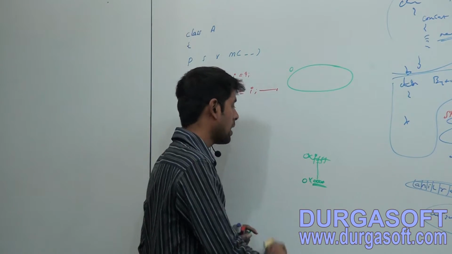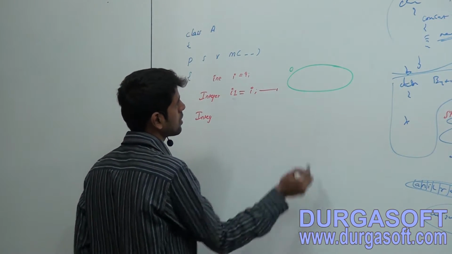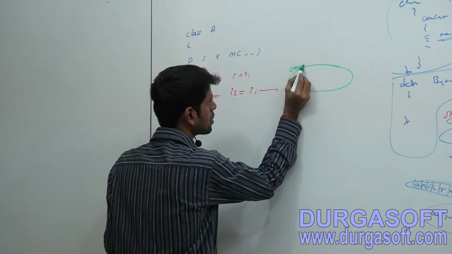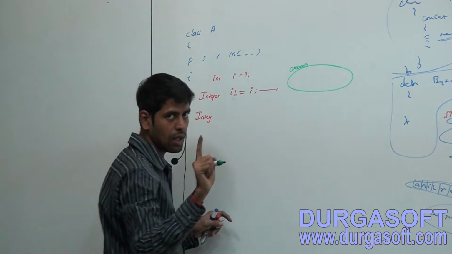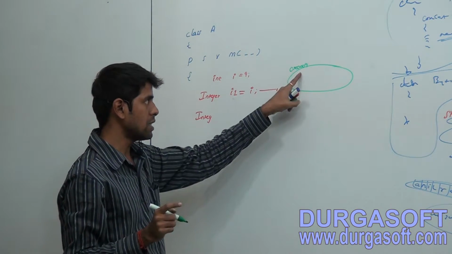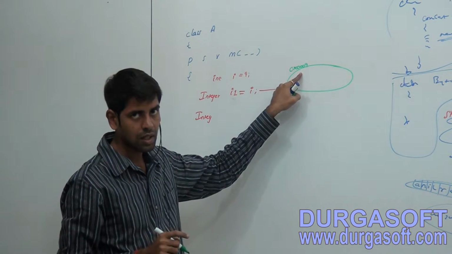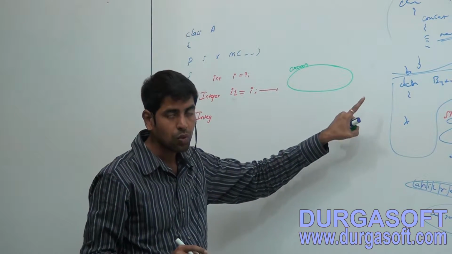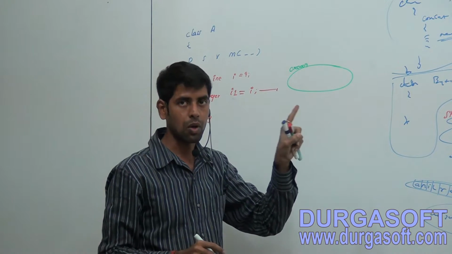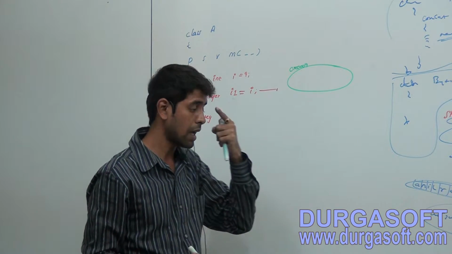Let us take any one random address, 0x0009, and this address, observe friends, when converted to an approximate integer value, will be the hash code. Approximate integer value is what? Hash code.